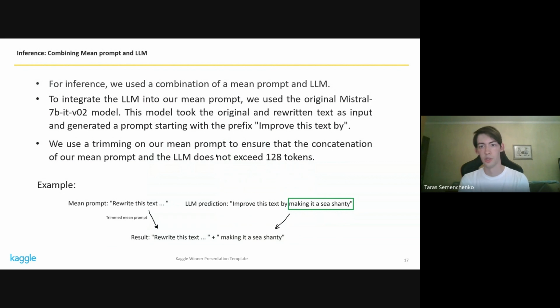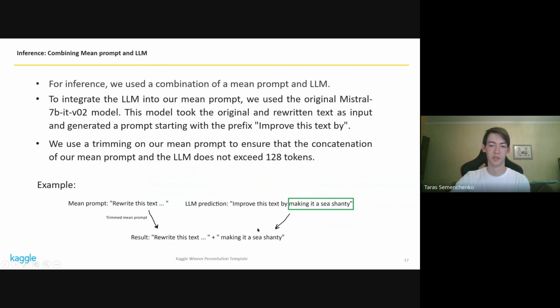To do so, we used Mistral with 7 billion parameters. It was the original Mistral without any fine-tuning. And we made it generate prompts starting with the prefix "improve this text by". And we just took the part that the LLM generated, as you can see on the slide.